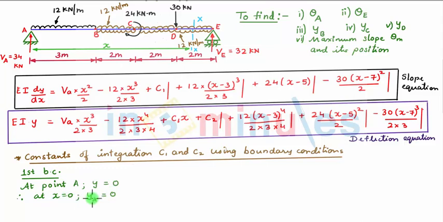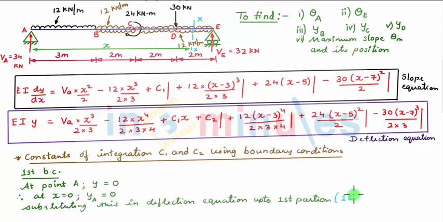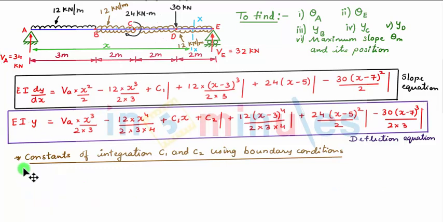So substituting the value of x and y as 0, 0 in your deflection equation up to the first partition, since we know the first partition is valid between point A and B, we have y equal to 0 and all x's equal to 0. So we get the value of C2 as 0.